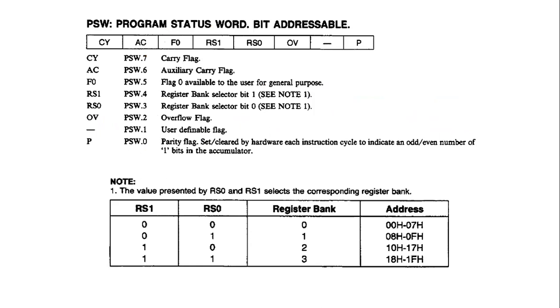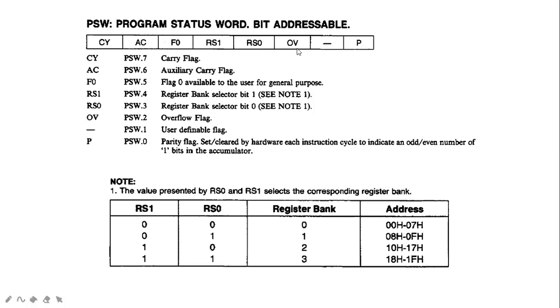Program status word, that is bit addressable. The program status word is an 8-bit register. It is a special function register. As the name itself says, it indicates the status of the program after the execution of each instruction. Out of 8 bits, the first bit is parity, and the second bit is an unused bit.